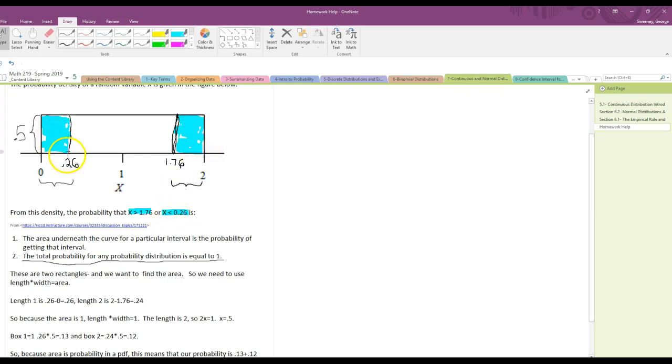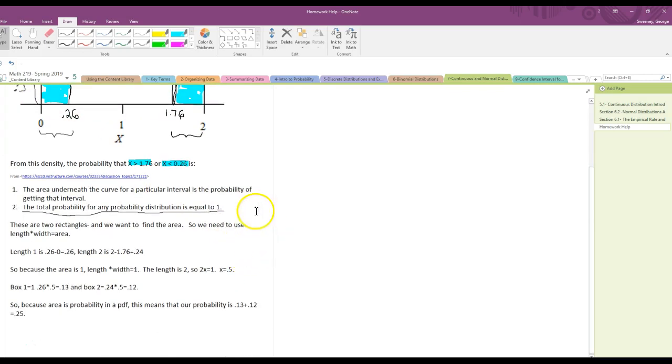X is less than 0.26, that's the other. Then we use the fact that the total probability for a probability distribution is equal to 1, so this length times the unknown height gives us 1. We found it to be 0.5. Then we find the areas for the two boxes, because area is probability.